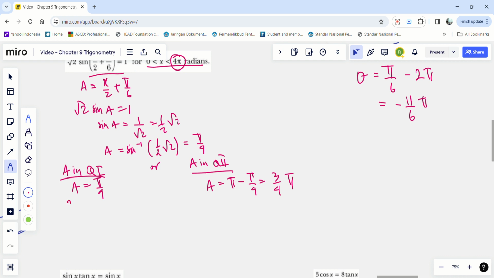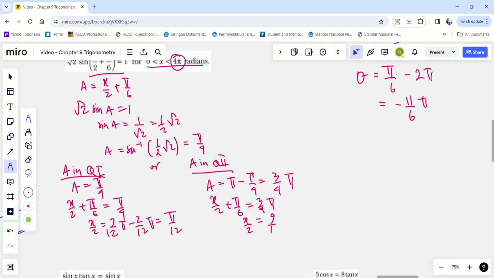Changing it into the original equation and solving the simple equation again, we get 3/12 pi minus 2/12 pi, which is pi on 12. Here it's 9/12 minus 2/12, so it's 7/12 pi, which means our x will be pi on 6, or our x will be 7/6 pi.